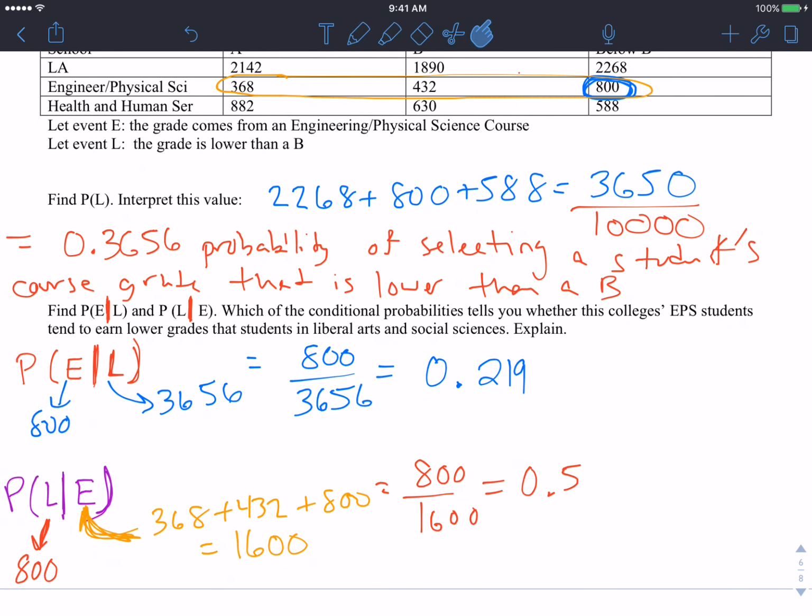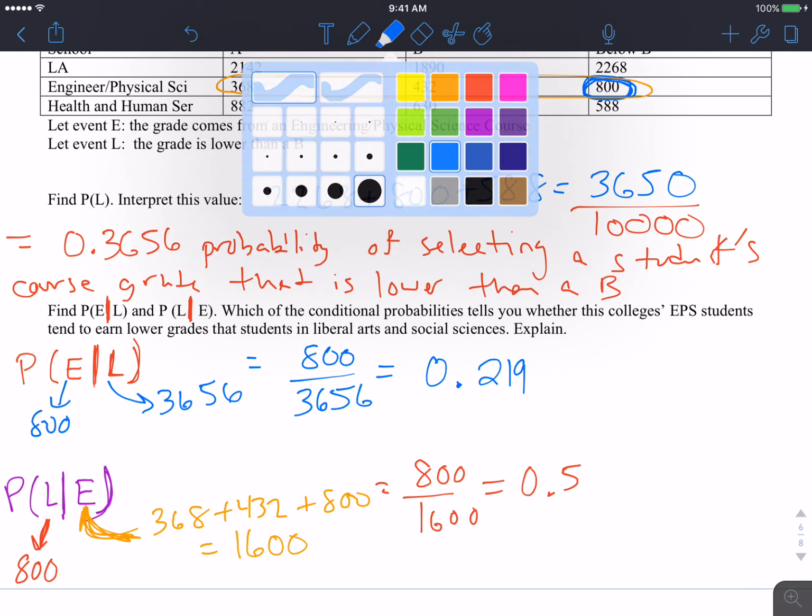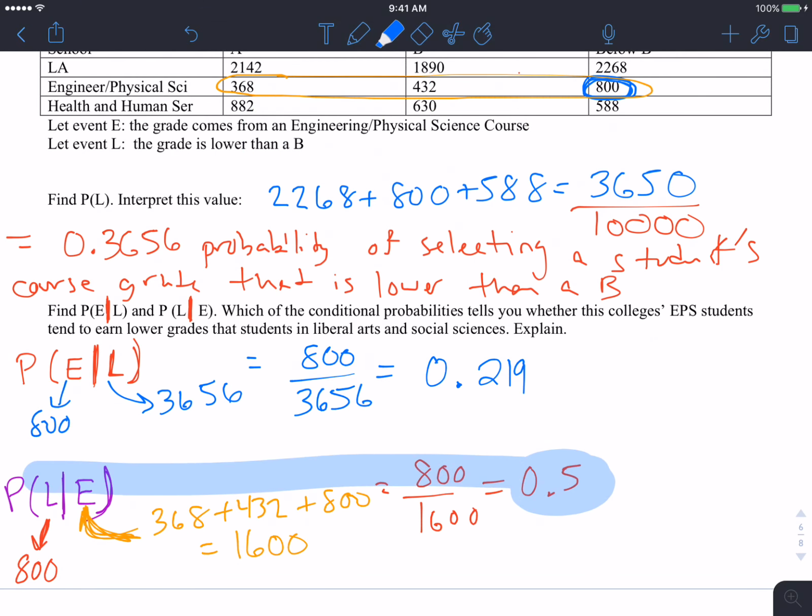So which of these conditional probabilities tells you whether the college's EPS students tend to earn lower grades than students in liberal arts? Well, it would definitely be this one.